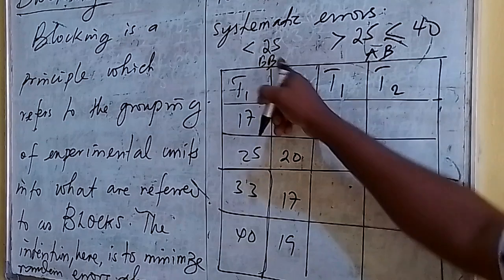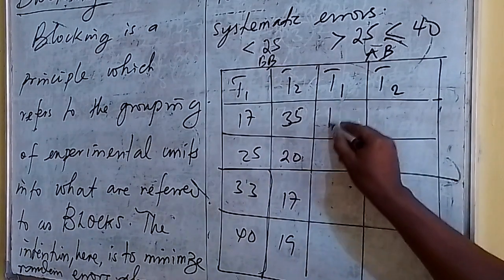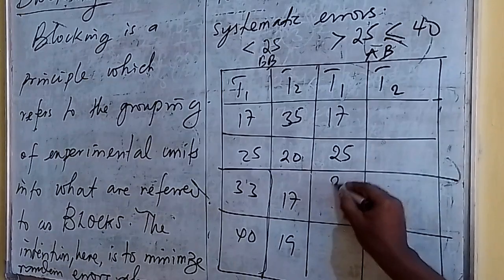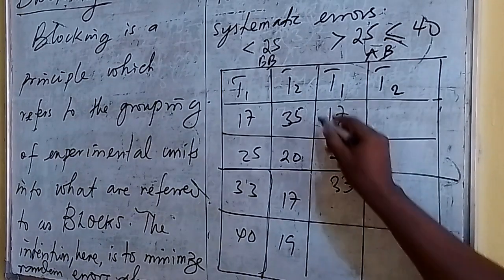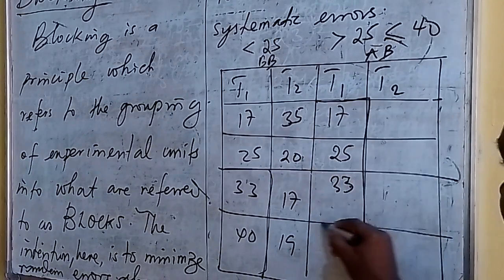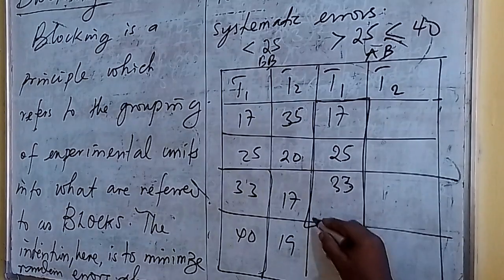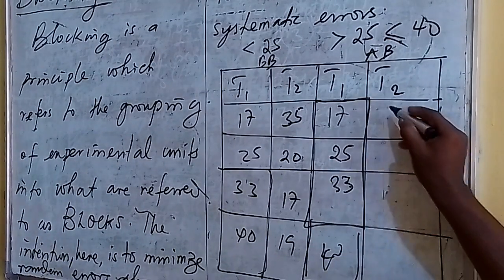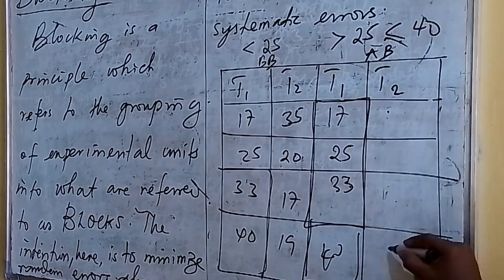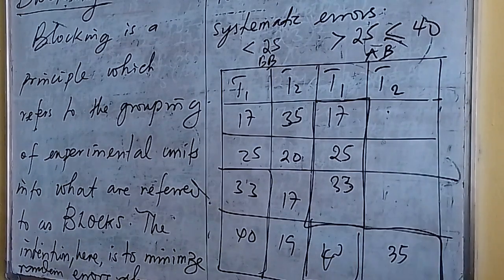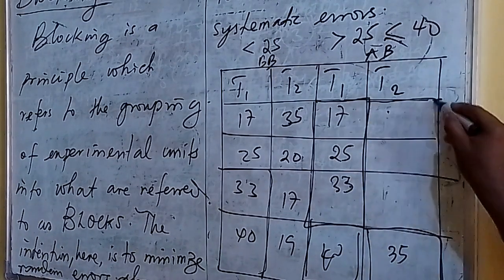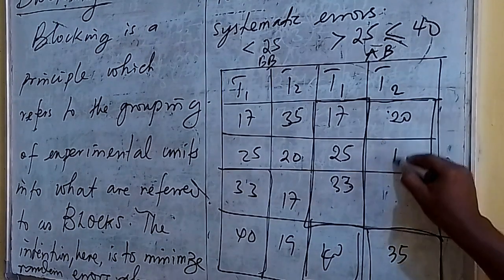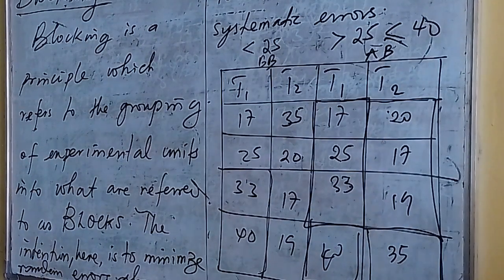After blocking, based on this now, I will have 17, 25, 33, making what I will refer to as a first block. And in the second block, I will have 40. In this one now, I will have 35 as the second block, right? And in my first block, I will have 20, 17, and 19. You see it?